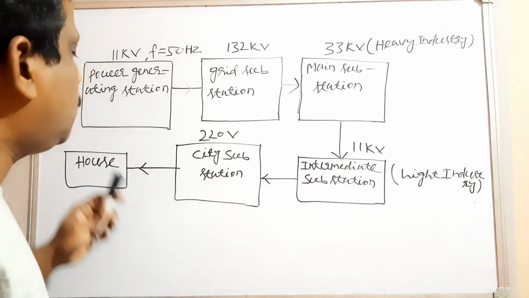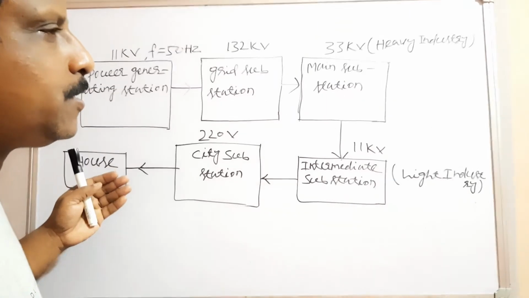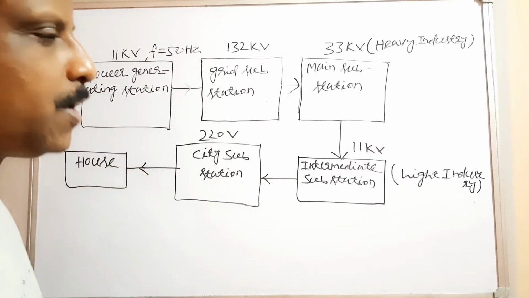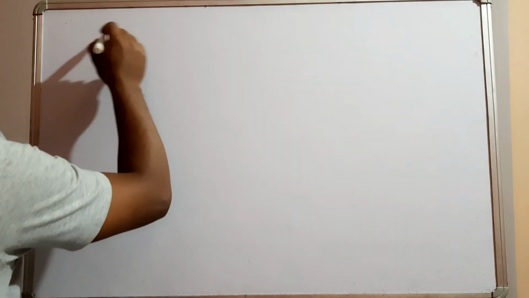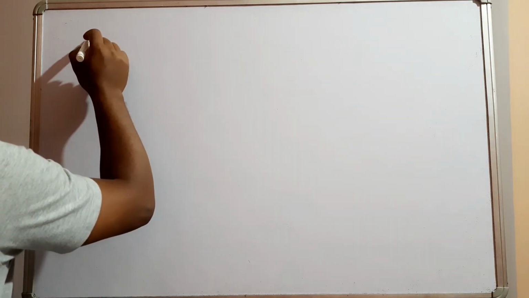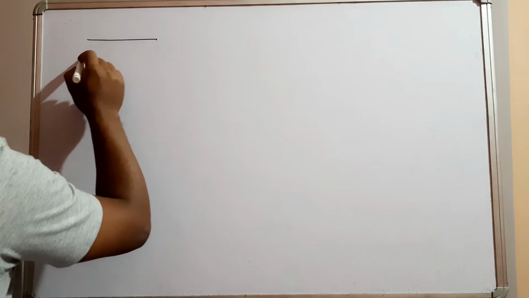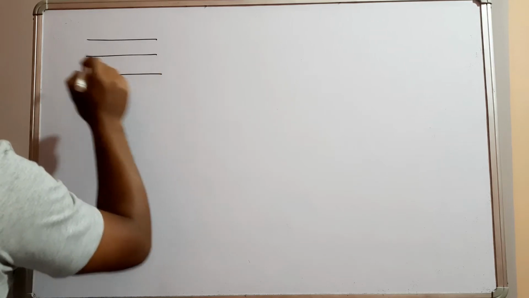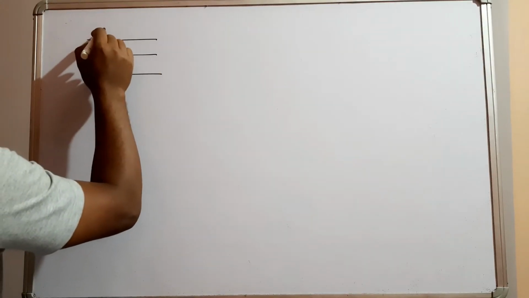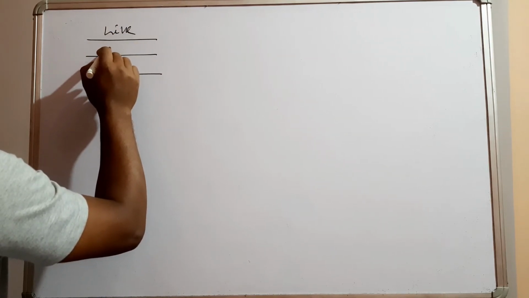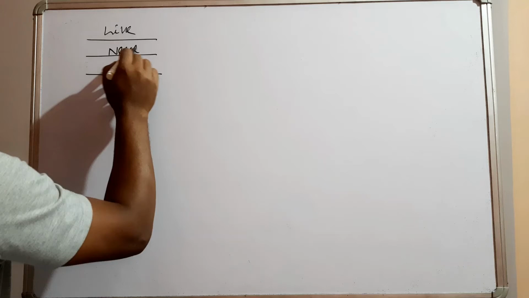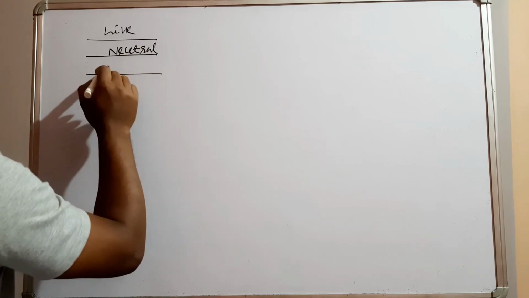Now when the current is coming to our house, how is it coming? Now I am explaining. Current is coming from the poles through the cables. That cable consists of 3 wires. Suppose this is the live wire, this is the neutral wire, this is the earth wire.